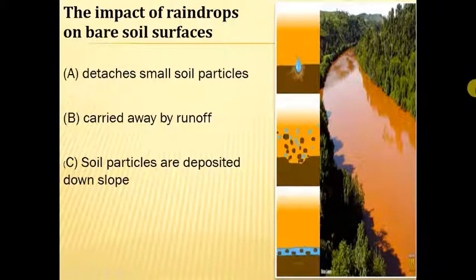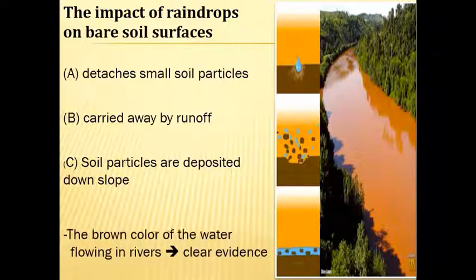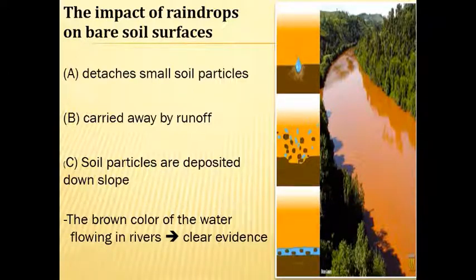And the third is that soil particles are deposited downslope when the runoff velocity decreases. The brown color of the water flowing in this waterway or this river is clear evidence of soil erosion.